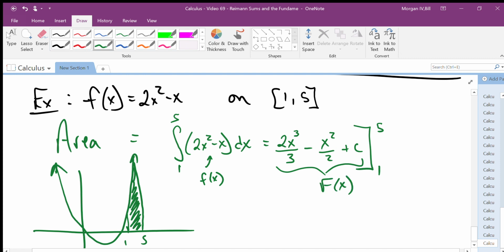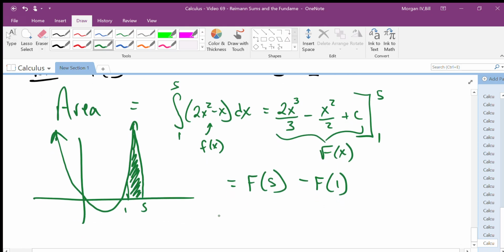That's the antiderivative. And the fundamental theorem of calculus says the area under the curve is equal to that capital F evaluated at 5 minus that capital F evaluated at 1. So I'm going to plug in 5 into all the x's and then subtract, plugging 1 into all the x's of that antiderivative.